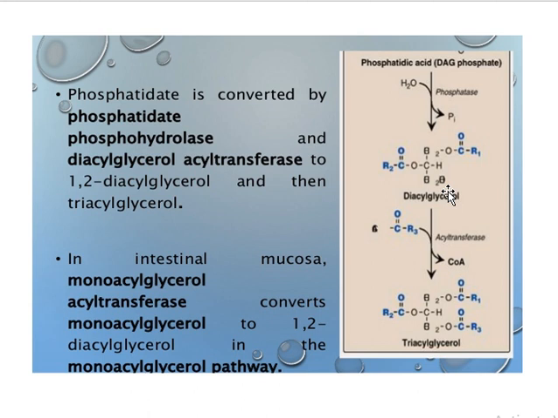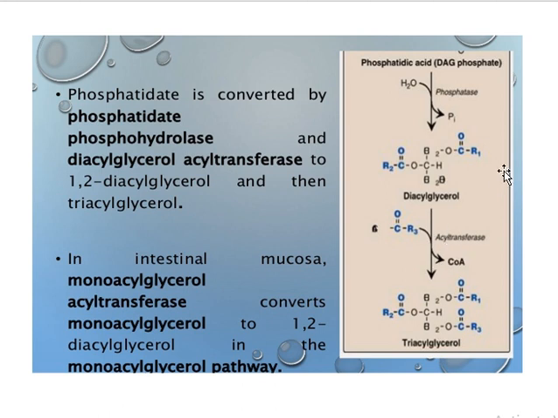Then this diacylglycerol is further esterified with another Acyl-CoA or another fatty acid, and this 1,2-diacylglycerol is converted into triacylglycerol. This reaction is catalyzed by the enzyme diacylglycerol acyl transferase.